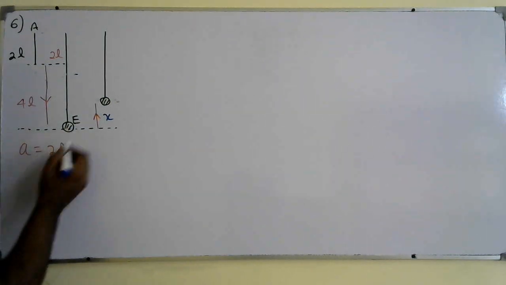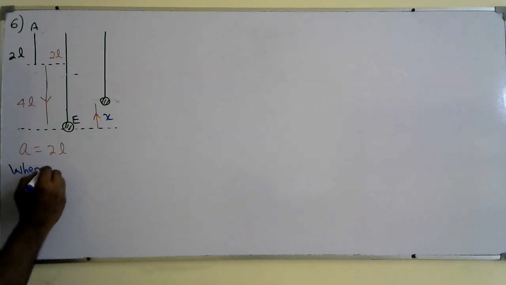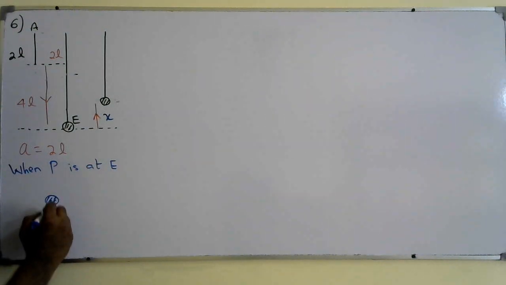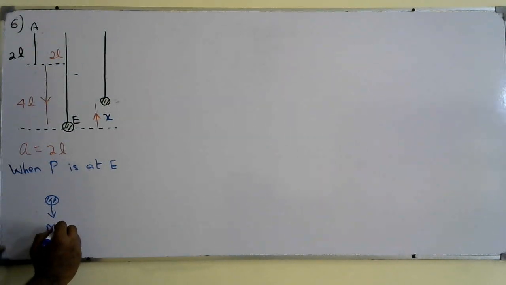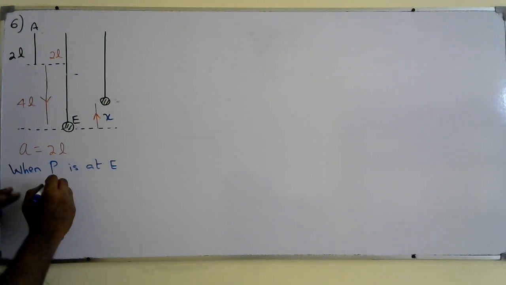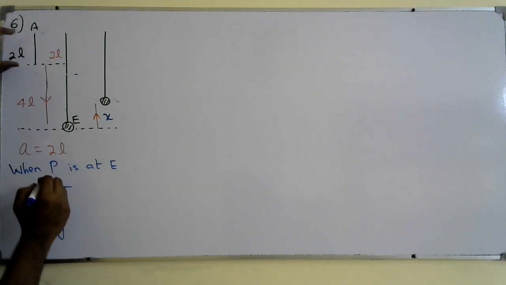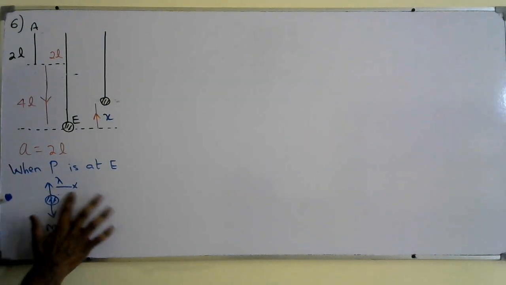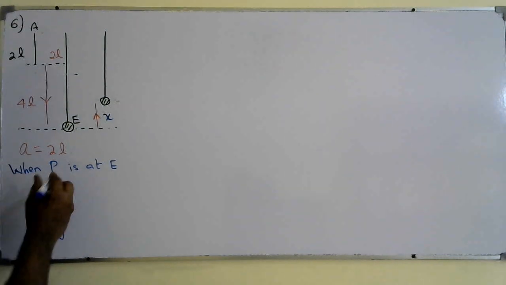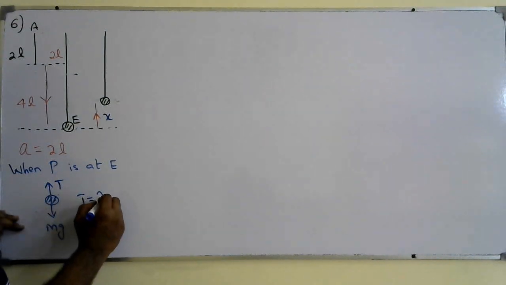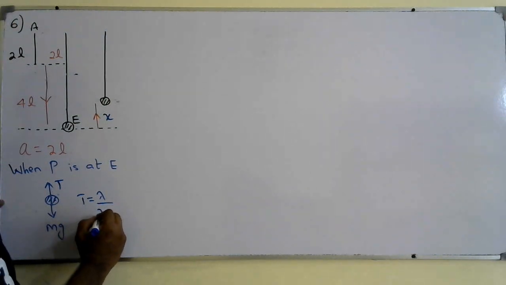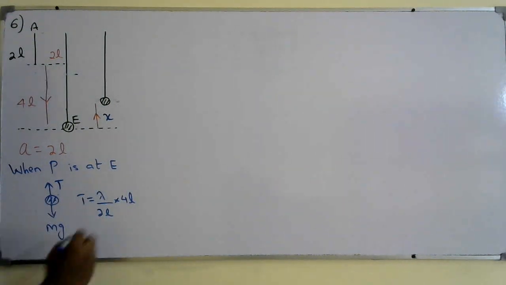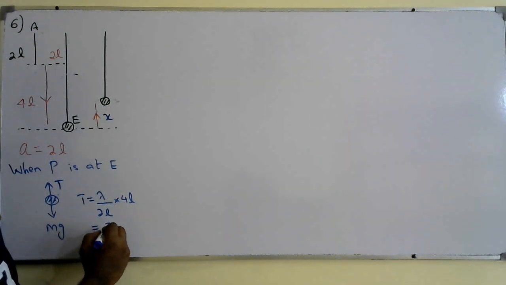At the equilibrium position E, if I draw the forces acting on it, downwards the force is mg. Upwards is the tension T. T is equal to lambda over natural length 2L into extension 4L, so T is going to be 2 lambda.